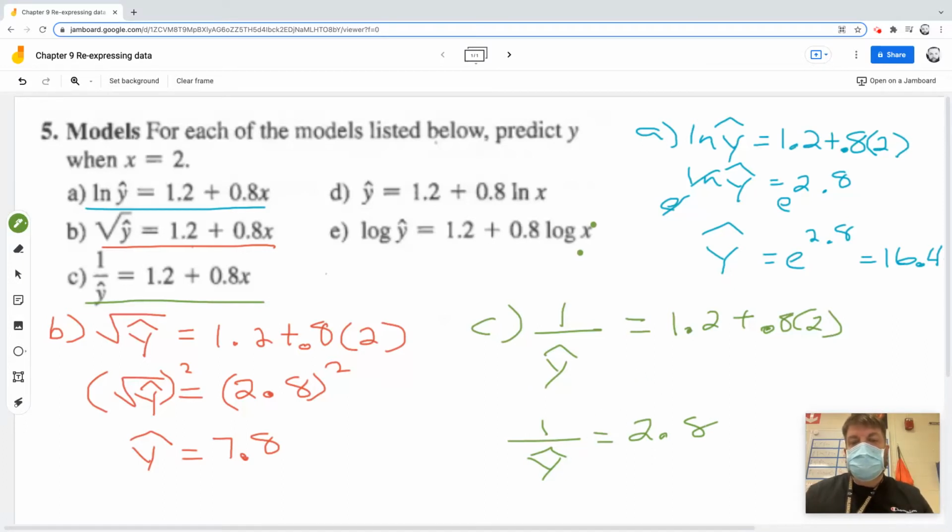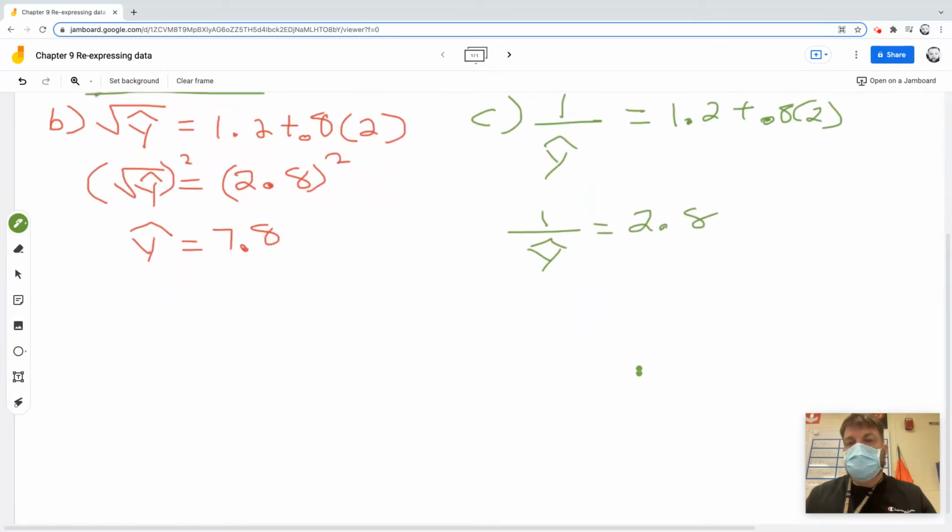So now there's a shortcut here. If you cross multiply and divide, what we'll end up with is y hat is equal to 1 over 2.8. In other words, you just switch these two. That's a shortcut you could do.